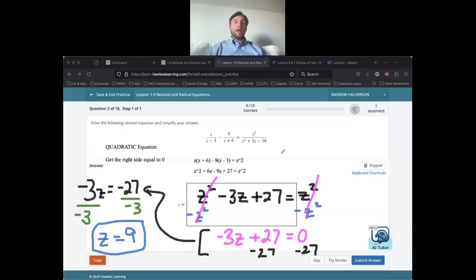So when that happens, you got to fall back to your other method and say, oh wait, when I have just a plain old z or a plain old x or a plain old y, that's all the way back. I got to undo and move things back over. So that's why we had to shift gears. We thought we were going to do quadratics, but the problem did a head fake on us, and we had to remember our original solving equation.